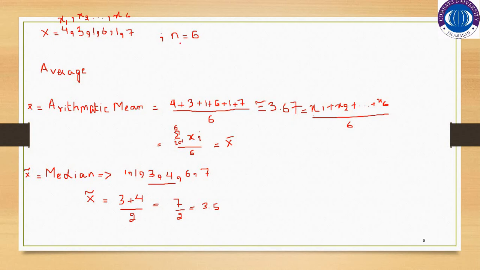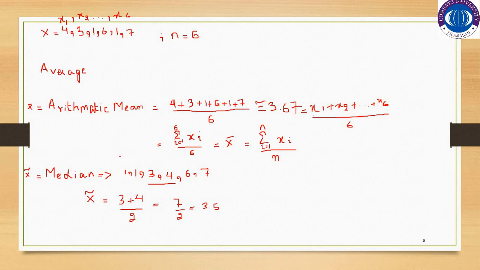We are generalizing it. And in the case of n observations, this would be equal to summation i equal to 1 to n of xi, whole divided by n. So this is basically the arithmetic mean.